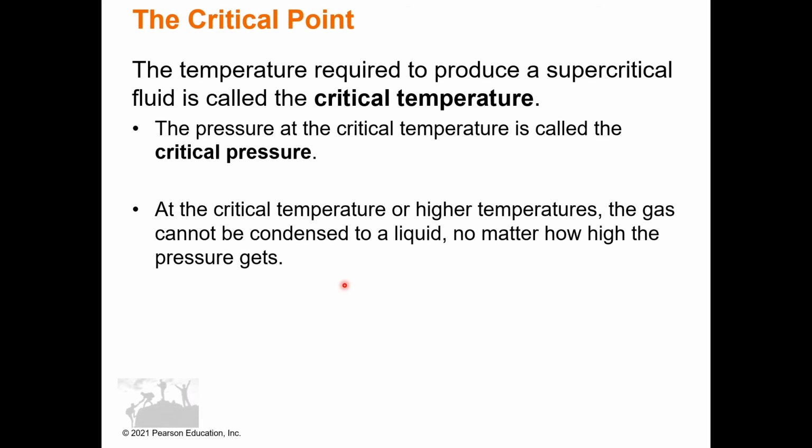Well, we could lower the temperature of the gas so that it turns into a liquid, or we can increase the pressure. But if we reach the critical temperature of a substance, it doesn't matter how big the pressure is. There's no way for that gas to turn into a liquid.